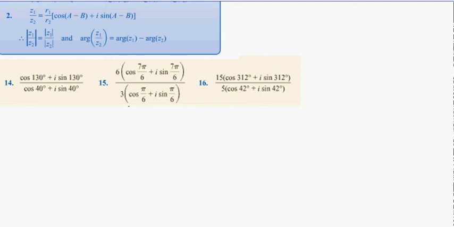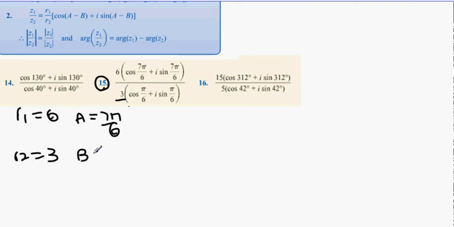Okay, so what we have here once again is question 15, okay? Once again I'm going to say R1 equals 6, A equals 7 pi all over 6, R2 equals 3, B equals pi over 6.